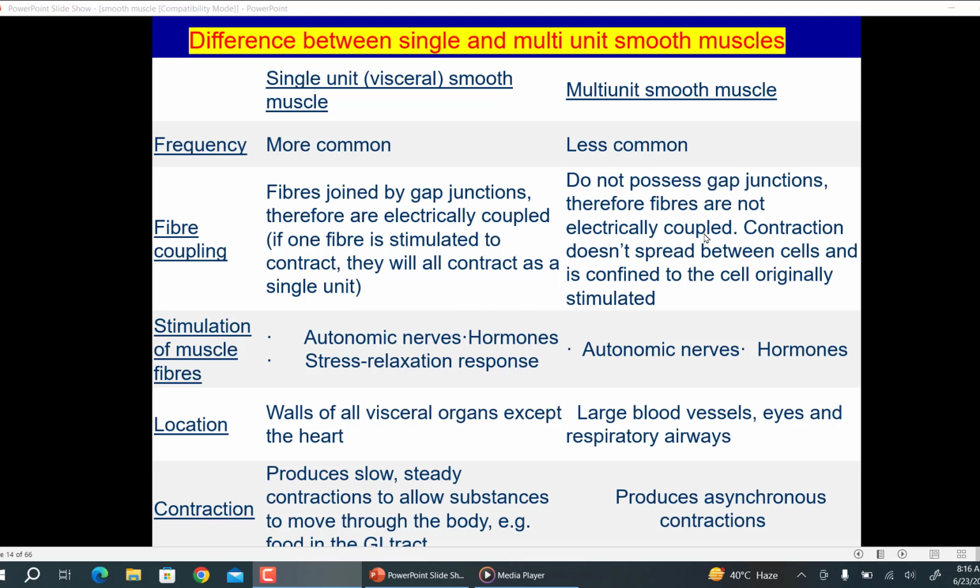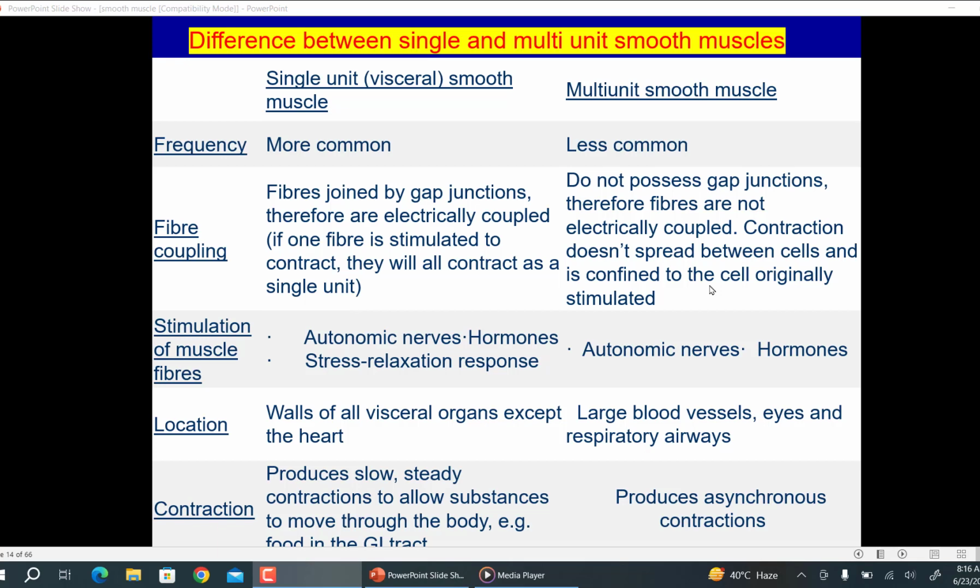Therefore, fibers are not electrically coupled. Not coupled means they don't contract together. Contraction does not spread between cells and is confined to the cell originally stimulated. Here, contraction occurs in those cells which are stimulated.